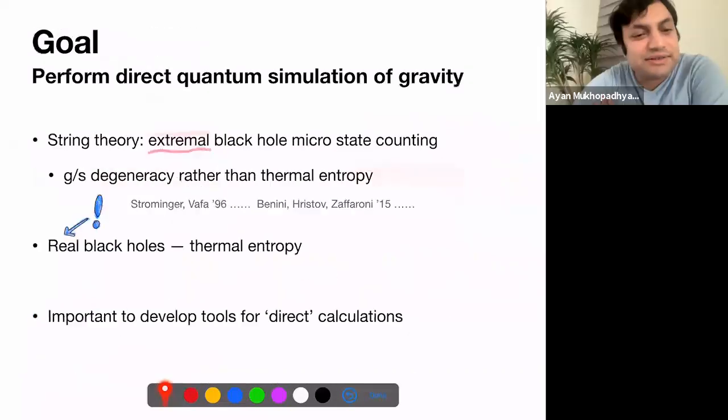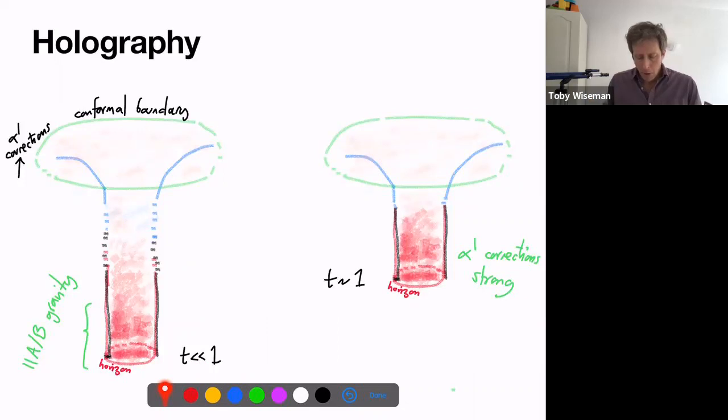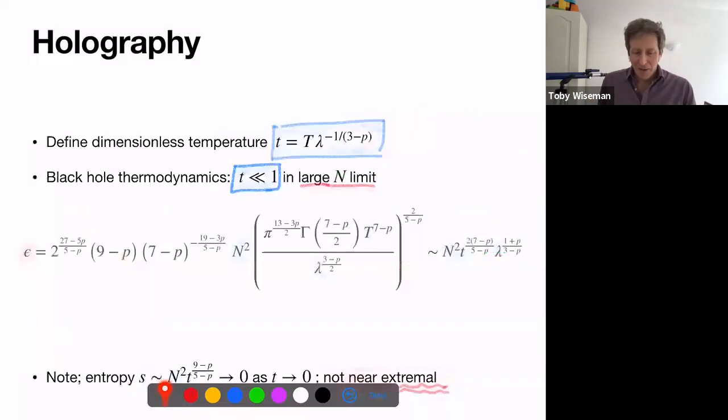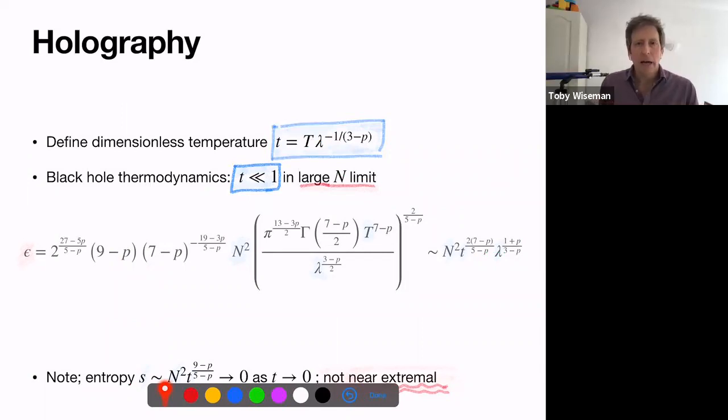Toby, I actually also have a question. I thought you said T has to be small, but why should it be smaller than 1? Stupid question, probably. Well, I'm not sure I totally understand. T is the temperature in units of the 't Hooft coupling, and when you work out the alpha prime corrections, there aren't any other scales really.